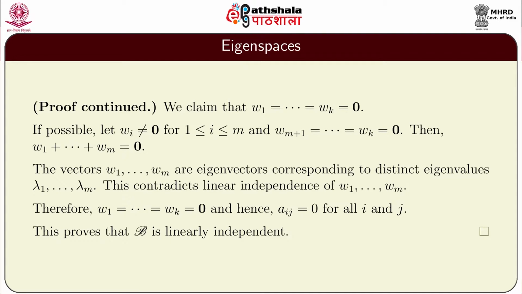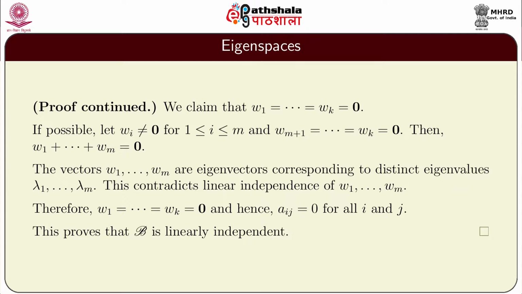Why? Because these Wi's are vectors in the eigenspaces. But then we have a non-trivial linear combination of these vectors W1 etc. up to Wm, which definitely contradicts linear independence of W1 and so on up to Wm. We have already learned that eigenvectors corresponding to distinct eigenvalues form a linearly independent set.